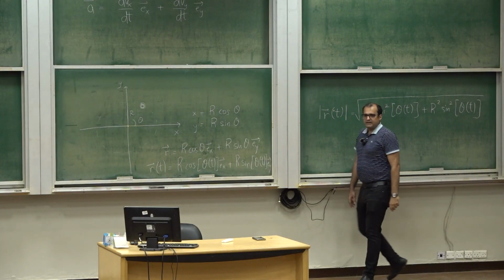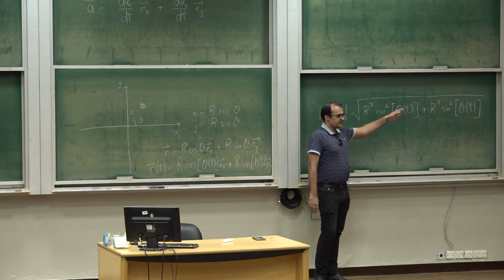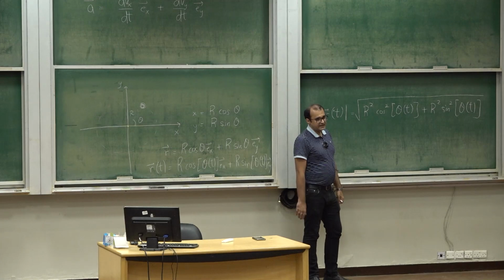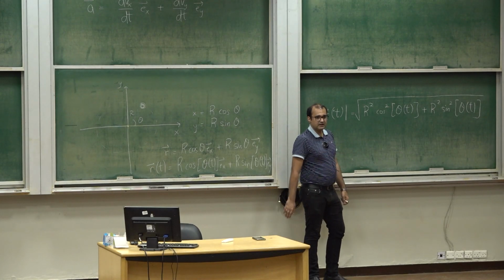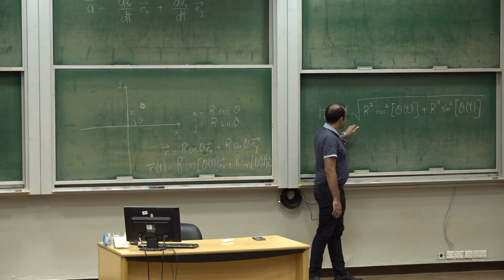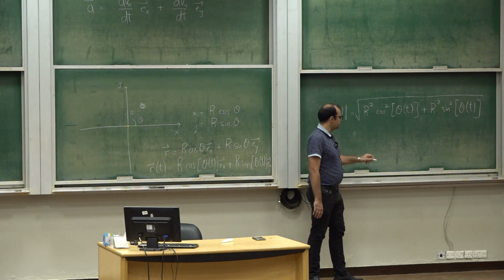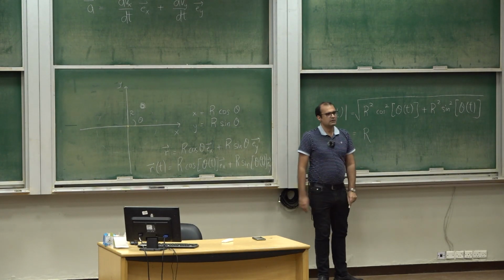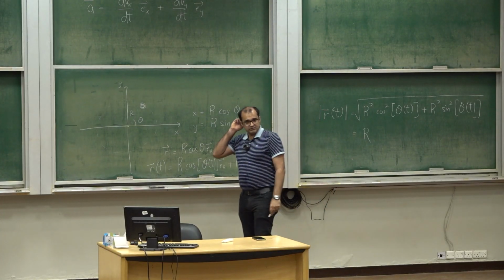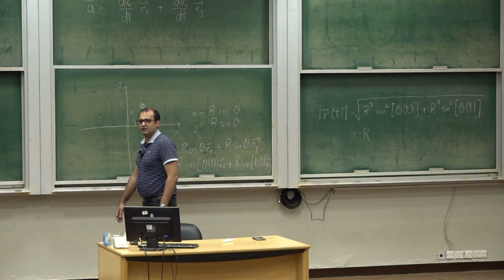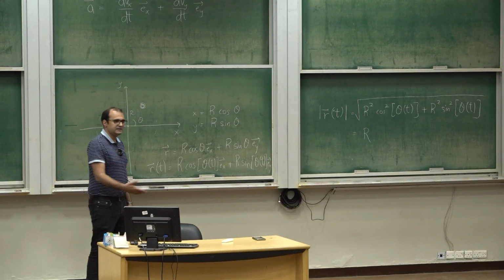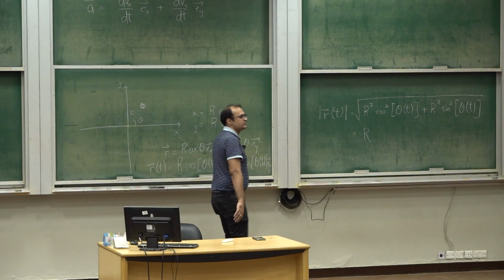I don't even need to worry about how theta is changing with time. R square you can factor out from inside, what is left is cos square plus sine square, and no matter what value of theta you have, cos square plus sine square will always be equal to 1. So you're left with square root of r square, which is simply r. That's how you check whether everything continues to make sense or not.